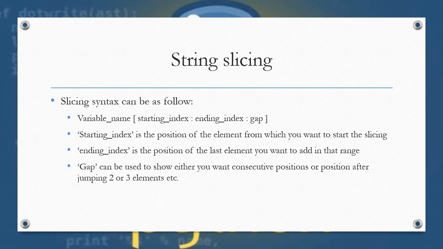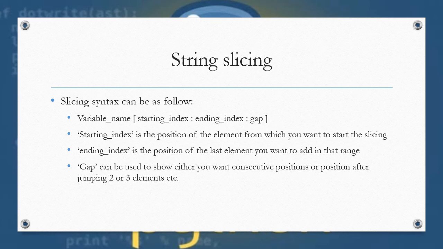So the starting index will be added to the range and the ending index won't be added to your range. So if you want to include that index or position in the string, then you need to add +1 to the ending index.